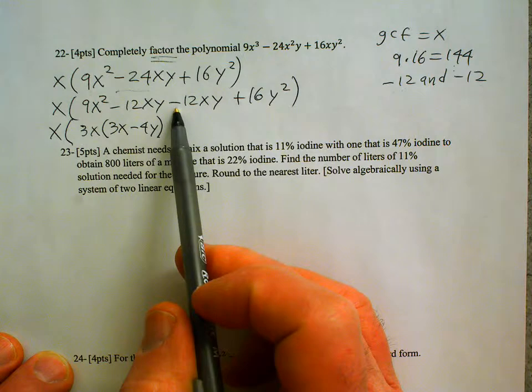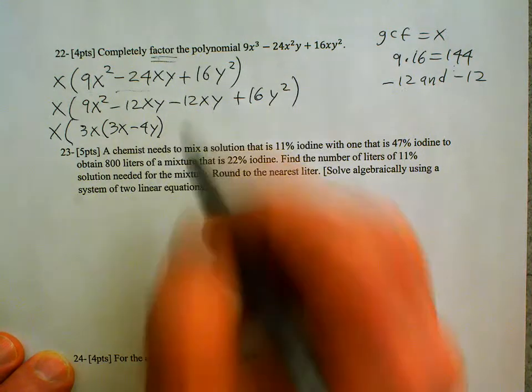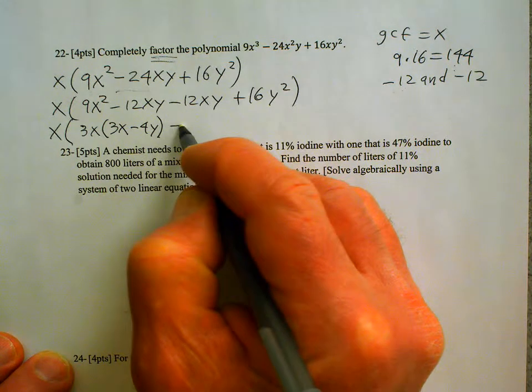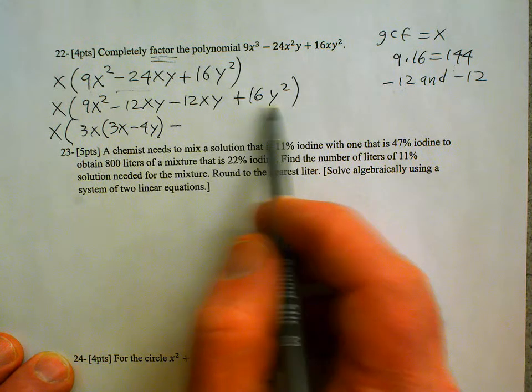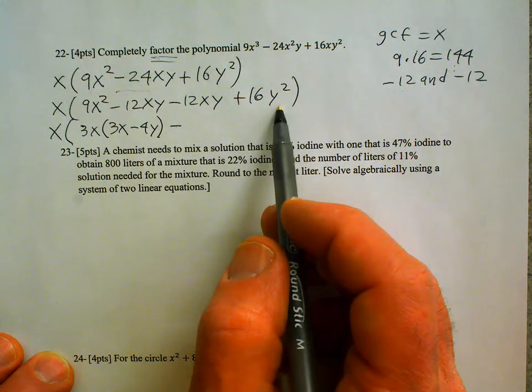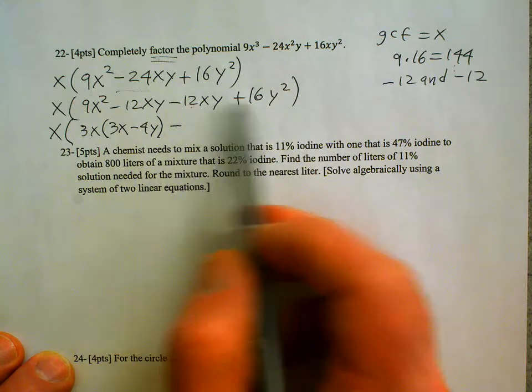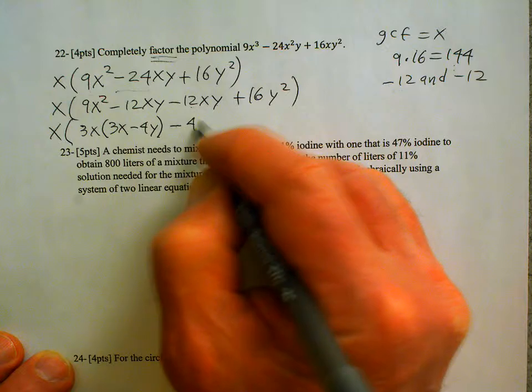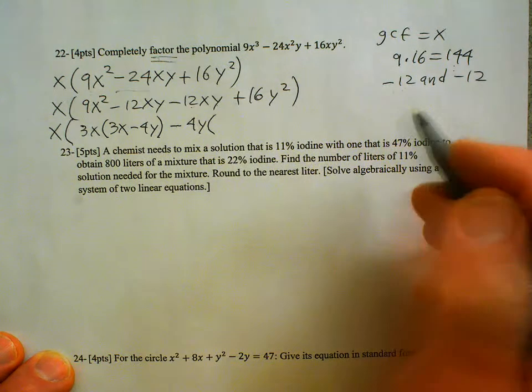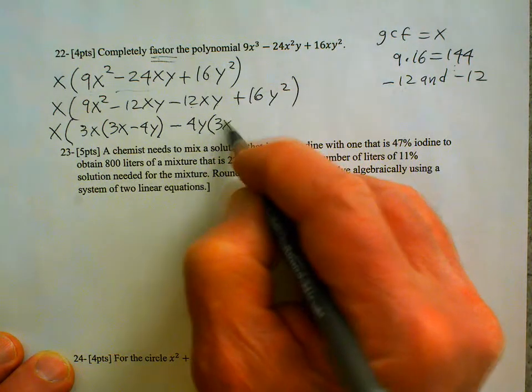Then bring down the middle operator of subtraction. That reminds us to factor the negative of the greatest common factor of the third and fourth terms. So 4 is a factor and y is a factor, so we factor negative 4y out. And the other factor is 3x minus 4y.